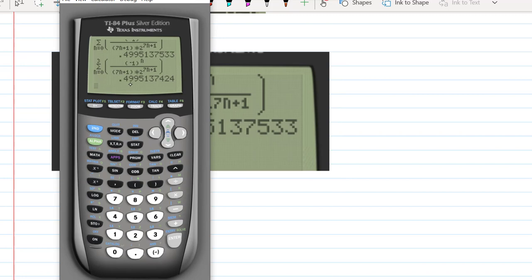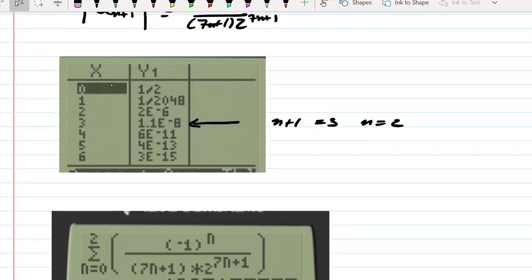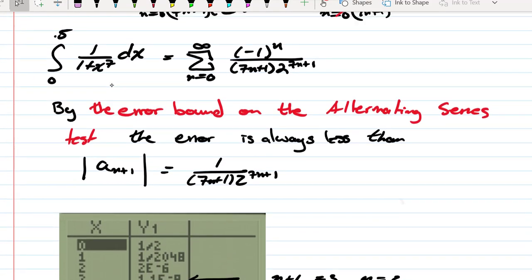We'll notice that 1, 2, 3, 4, 5, 6, the first 6 digits, in fact, the first 7 are still exactly the same. So the minimum number of things we had to add up was from n equals 0 to 2. If you went n equals 0 to 3, you're only adding up 4 things. It doesn't really change the value of the integral. And that's what the alternating series test said, that we could actually approximate this with only 3 terms.